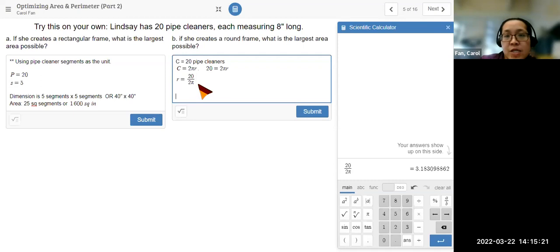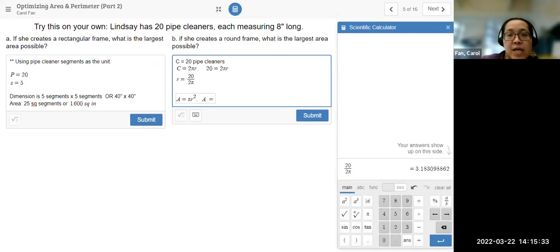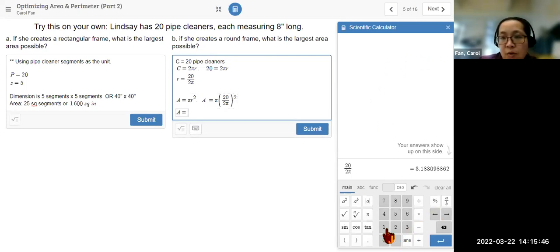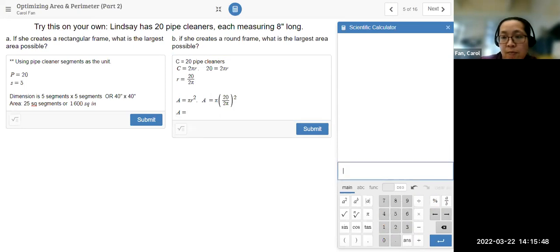Now let's substitute this into our area to get our maximum area. Area is equal to pi r squared. So I would have area is equal to pi times 20 divided by 2 pi, all to the power of 2. So now let's throw it into the calculator.